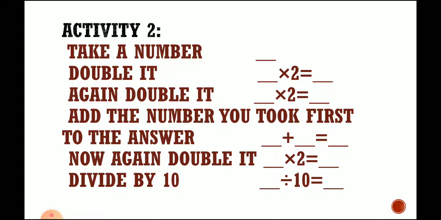So yes, this is the second activity for you. Take a number, whatever you can guess, one digit or two digit, and then double it. You know very well what double means. Then again double it. After that, add the number you took first to the answer.